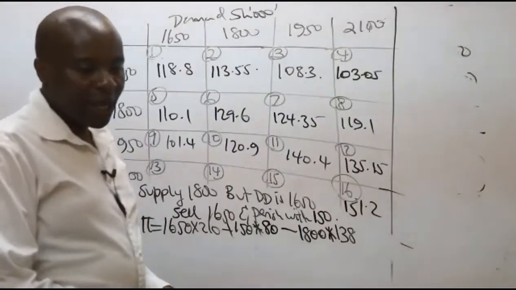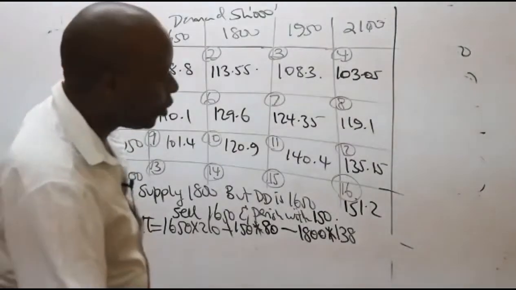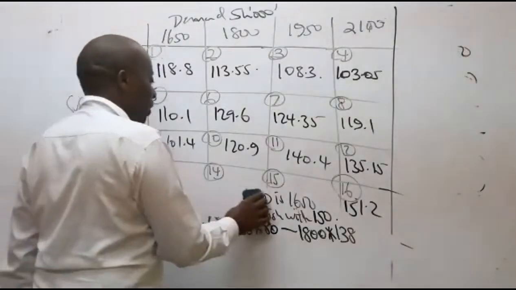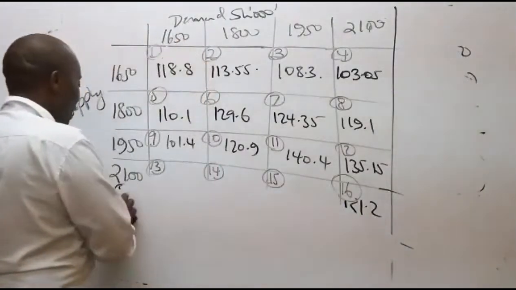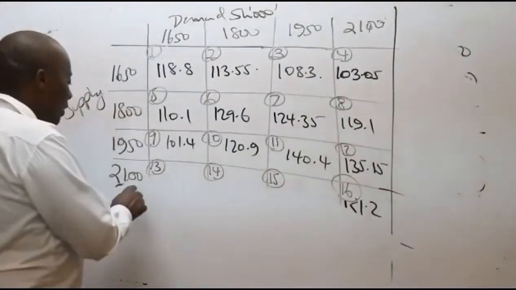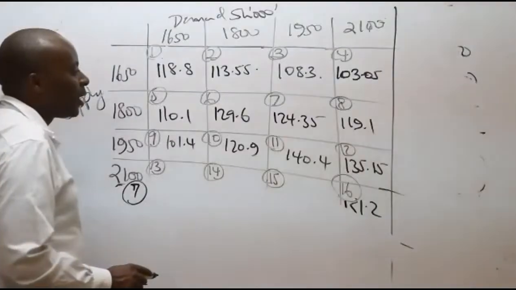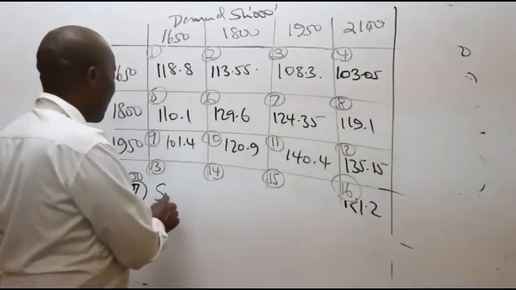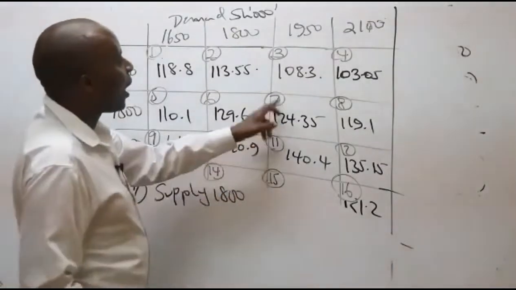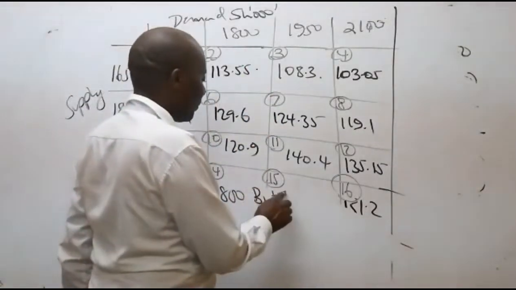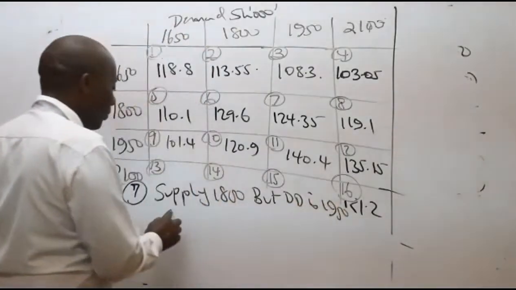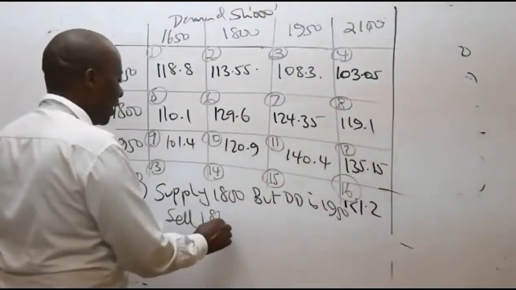So in this case here, Omar wants us to do cell number 7. For cell number 7, ladies and gentlemen, I can see the supply is 1800, but demand is 1950. So in this case, I'm going to sell the lower, 1800.